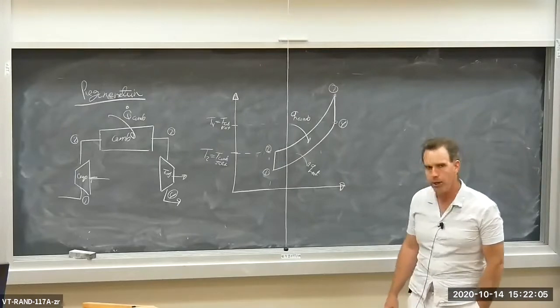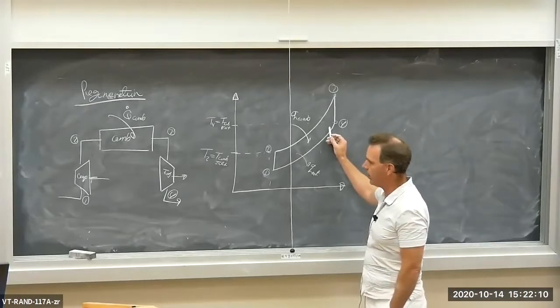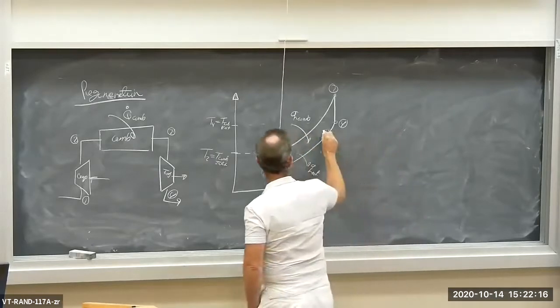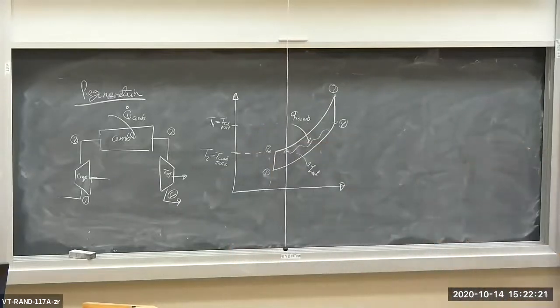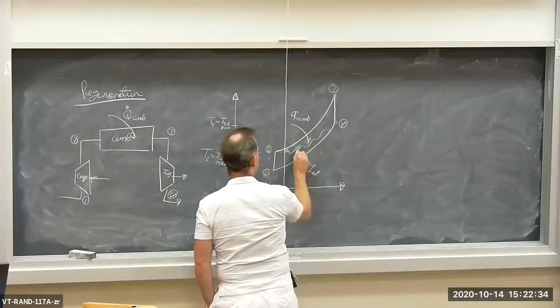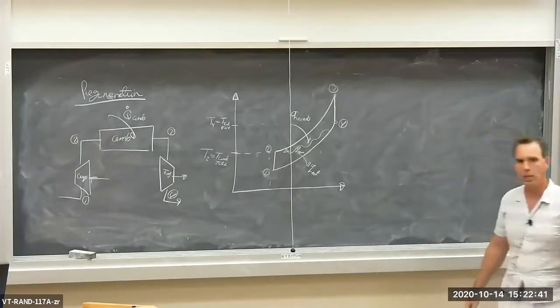So in theory, there should be some way that I can take some of the heat from the hot exhaust air, the exit of the turbine, and let it flow into the airflow before it goes into the combustor. I can preheat the combustor inlet gas. I'm going to call this heat exchange Q regen, Q regenerate, R-E-G-E-N.